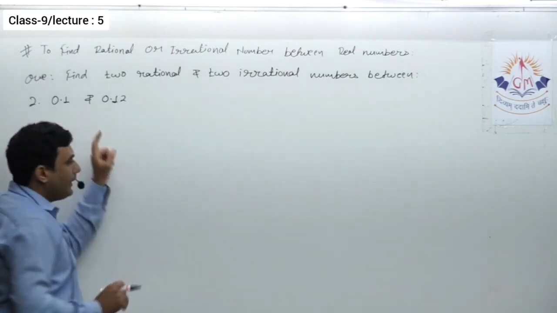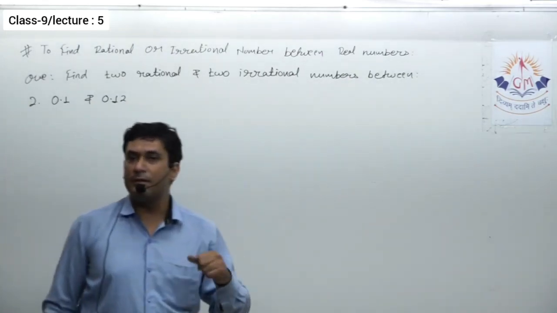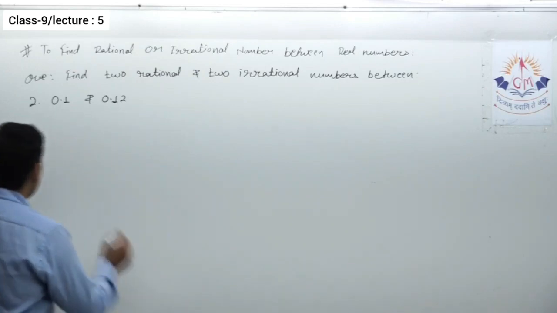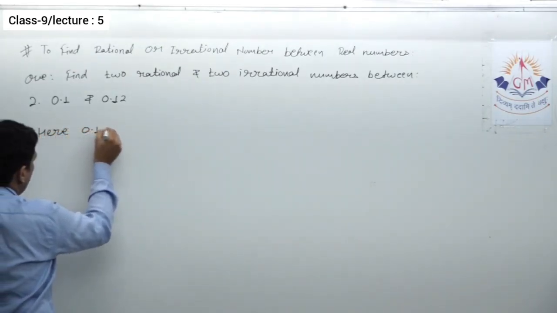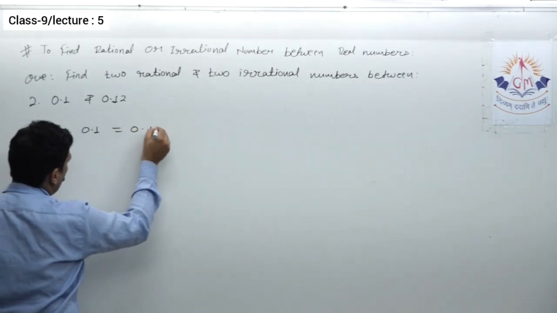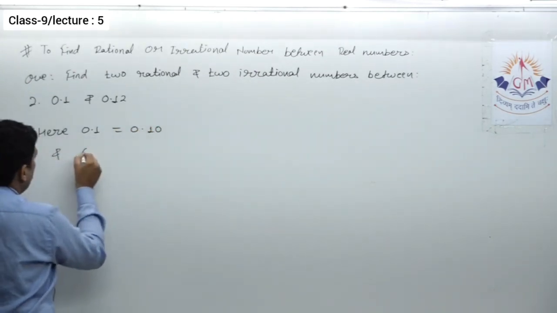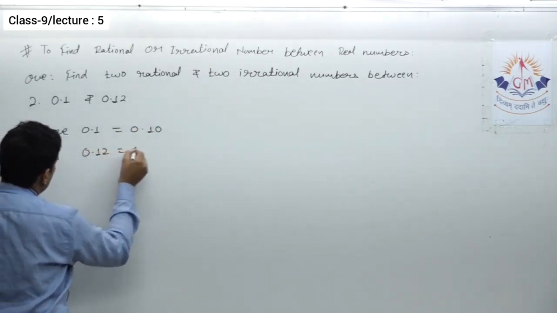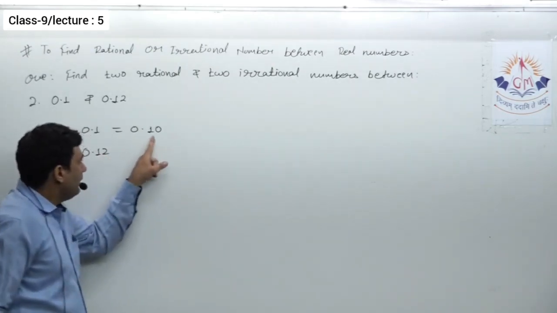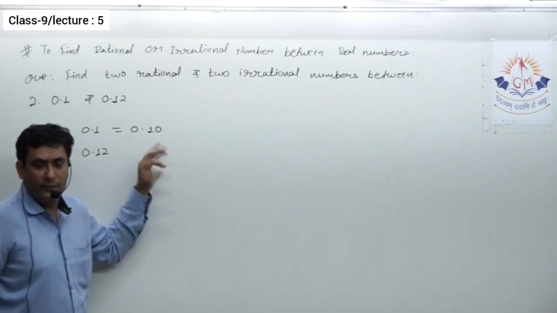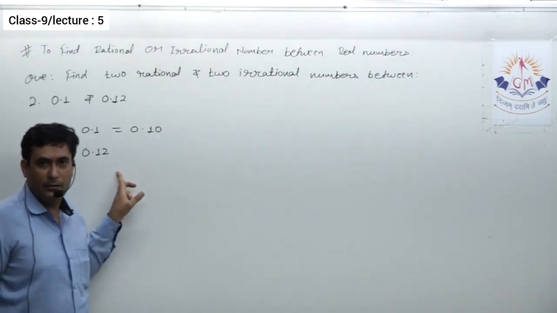First of all, make the number of digits after the decimal equal. So here 0.1 is actually 0.10, and the other number is 0.12. So if I read it without the decimal, this is 10 and this is 12.